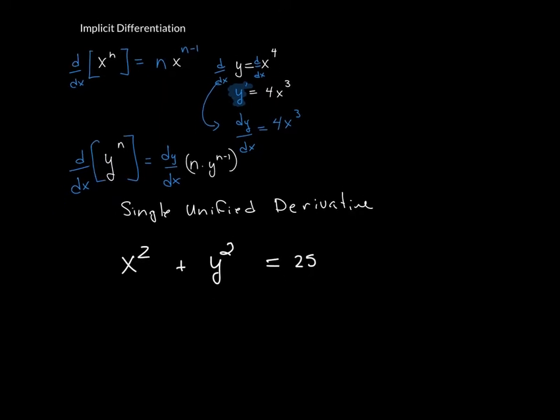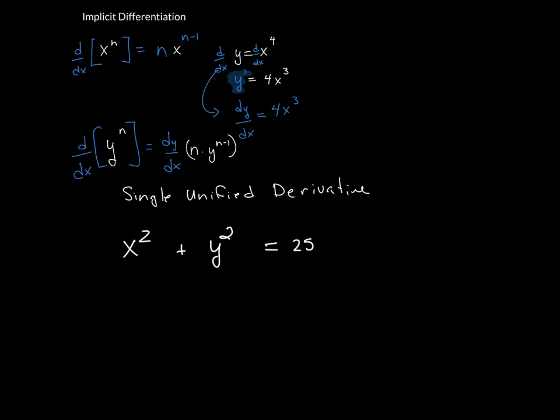To find the derivative of this, the notation that I'm using is I want to take the derivative with respect to x of all of those parts of this equation. The derivative with respect to x of x squared is just 2x.